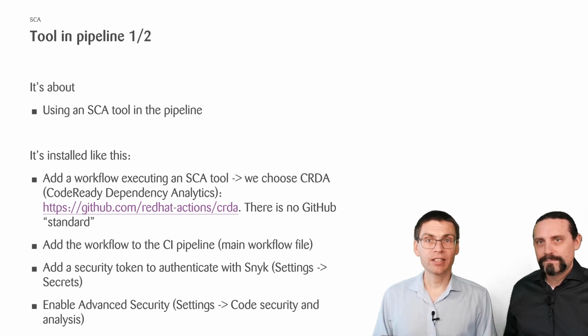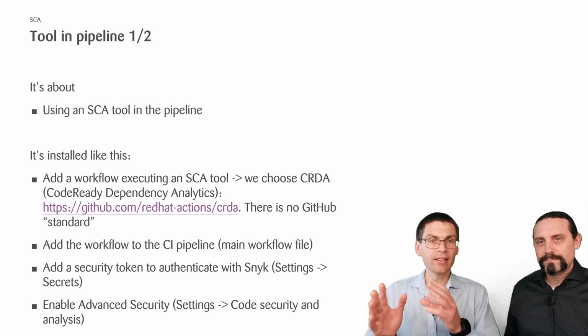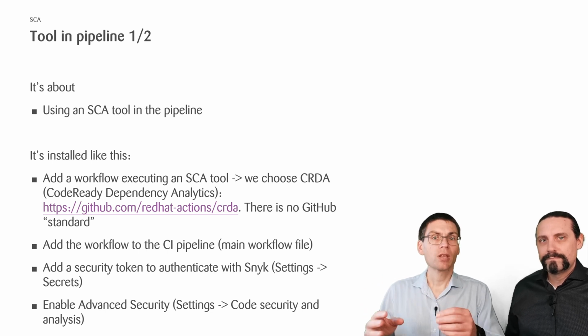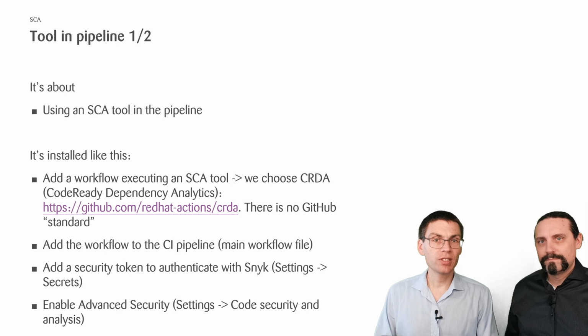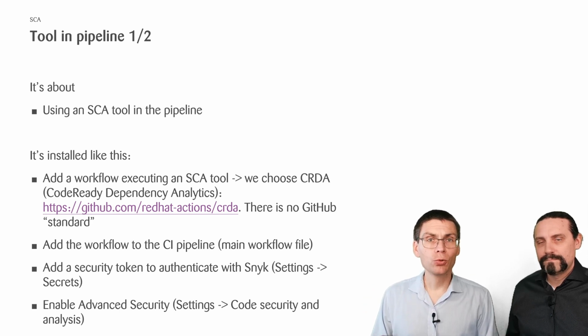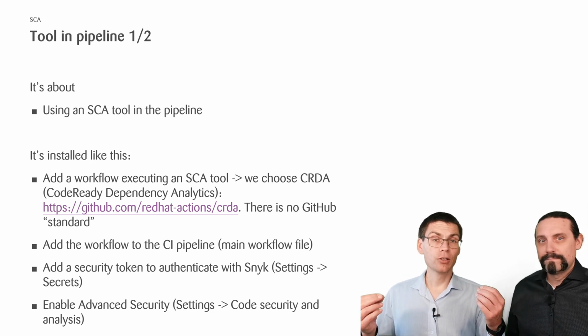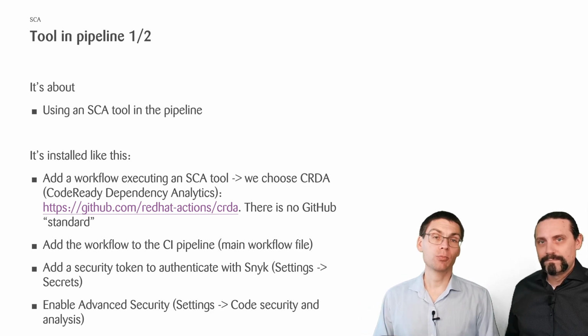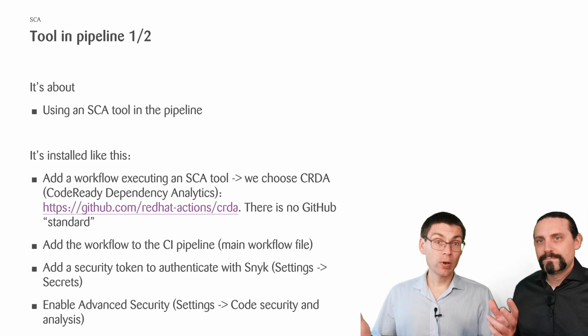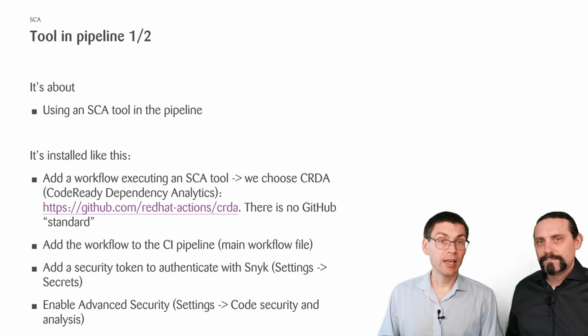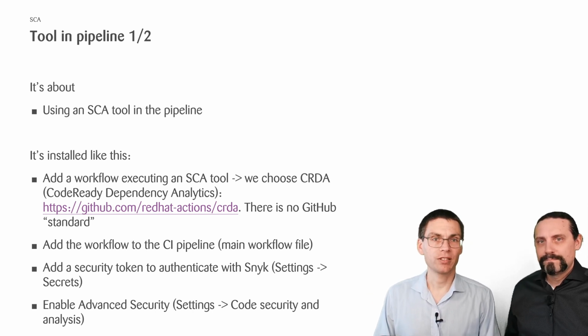Let's first look at how we can introduce a SCA tool into our own pipeline. We install it like this. We add a workflow using and executing an SCA tool. In our example, we choose CRDA, so Code Ready Dependency Analytics from Red Hat. Note that there is no GitHub standard tool that performs this, so we had to find a tool in the Actions marketplace.